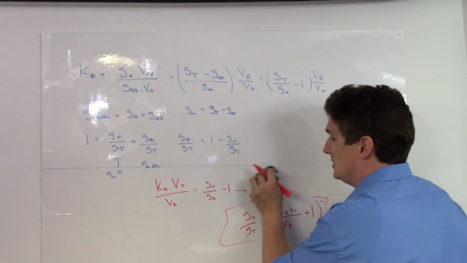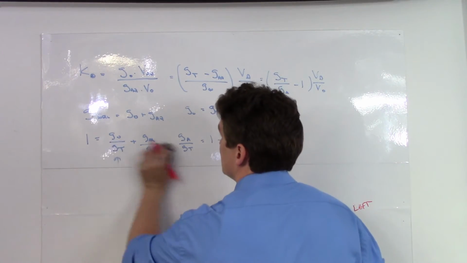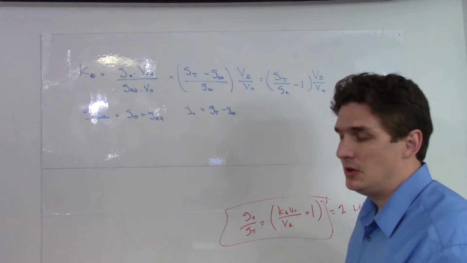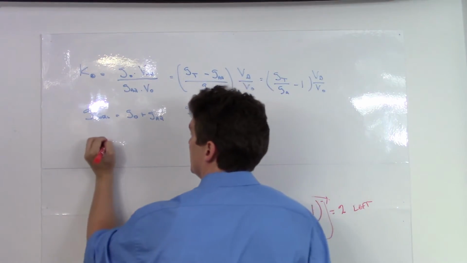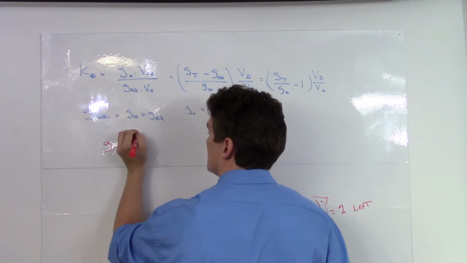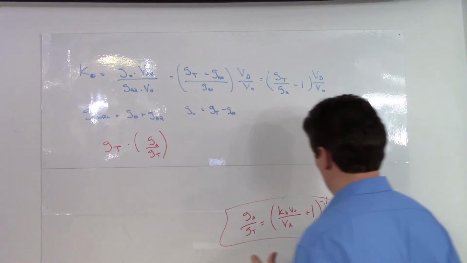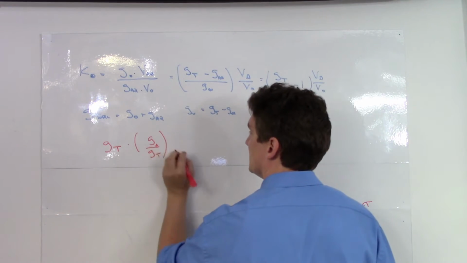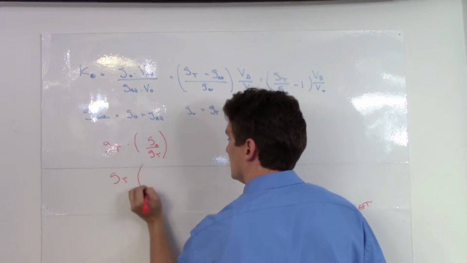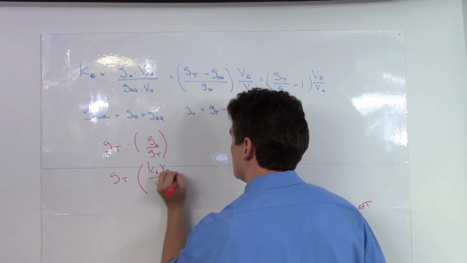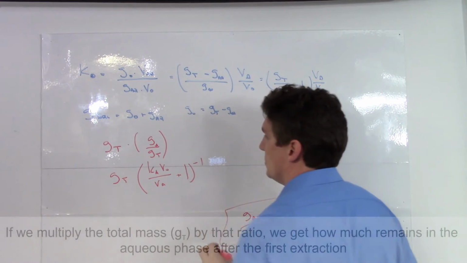Now, to figure out how much remains with successive removal, all we have to do is take the total times this ratio GA over G total, which in this case is 1 over KD times V organic over V aqueous, plus 1, to the minus 1.